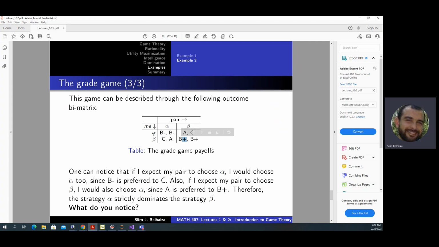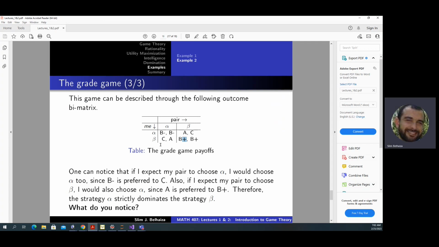So I will always play alpha. In this context, whatever my expectation is about whom I'm going to be paired with and whatever I expect from him, I will always prefer alpha to beta. So playing alpha strictly dominates beta.